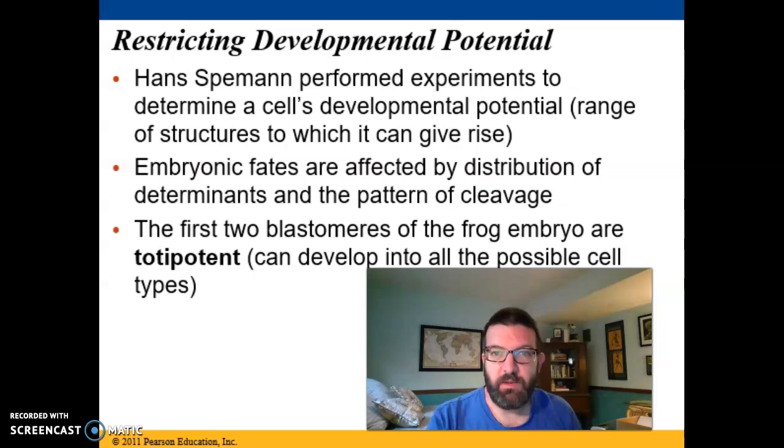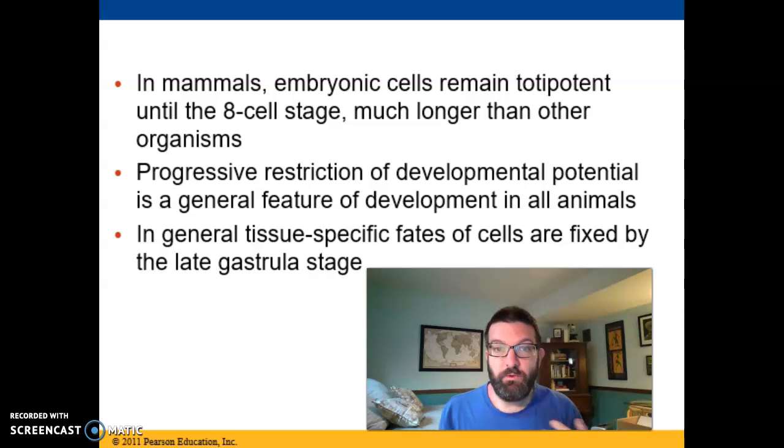Determination of cells happens pretty early on, but not at the very beginning, at least in deuterostomes, because we have indeterminate cleavage. So in a frog embryo, the first two blastomeres, after that first cleavage, both of them are totipotent. Totipotent means you can become any kind of cell type in the body. And so if those first two blastomeres break apart, you can form identical twins. In mammals, it goes even further than that. We remain totipotent through the 8-cell stage, which is longer than other organisms.